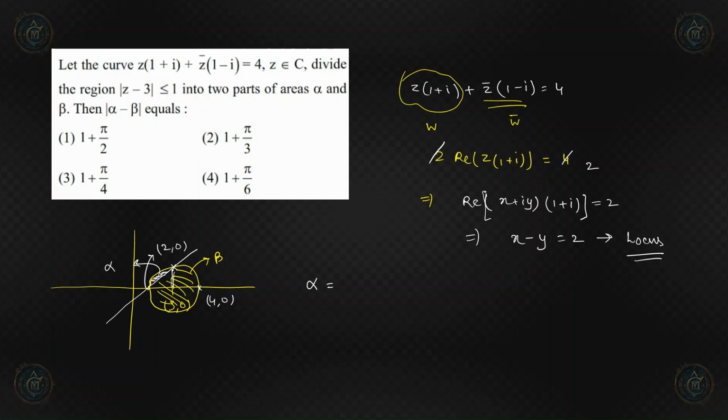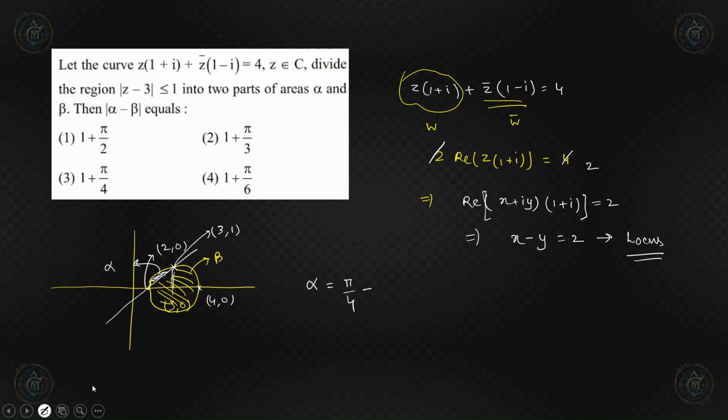If we calculate, alpha will be the area of the quarter circle, which is pi r square, r is 1, so pi divided by 4, minus the area of this triangle.